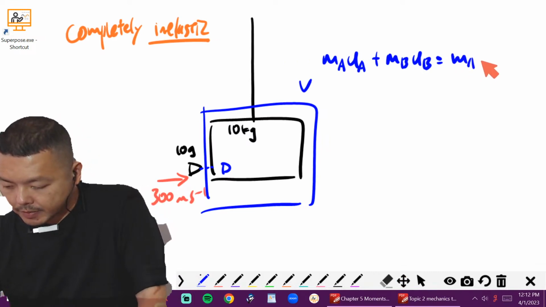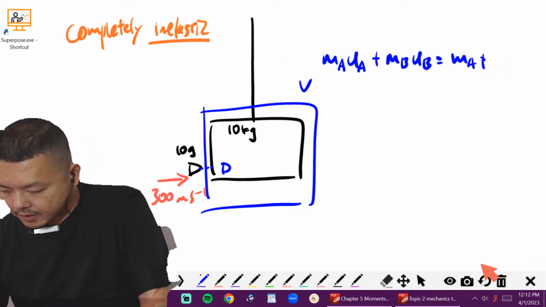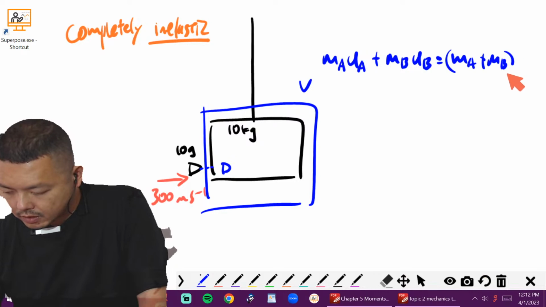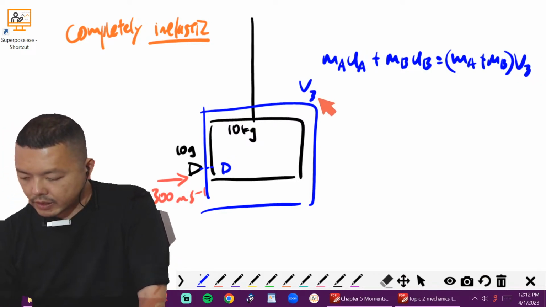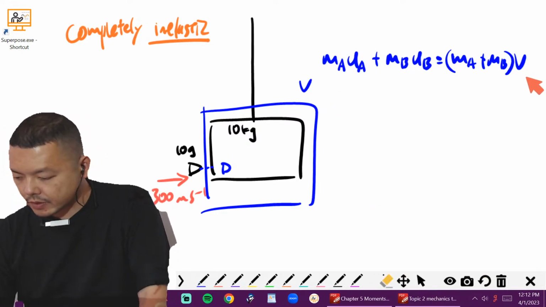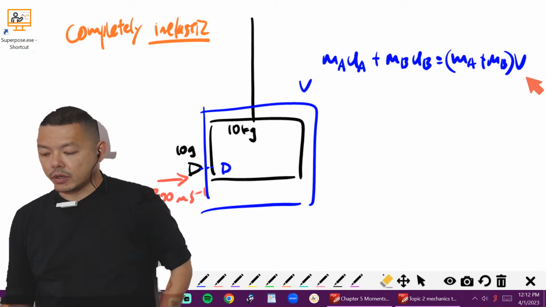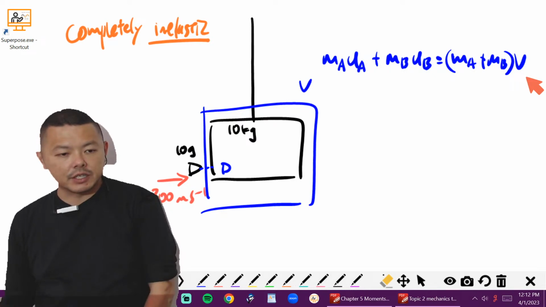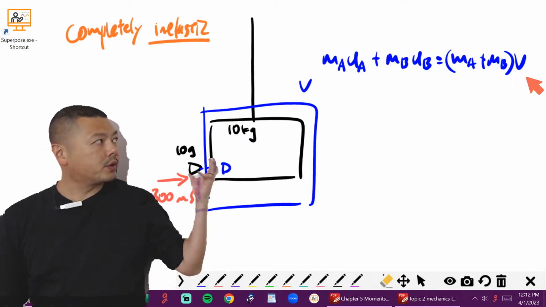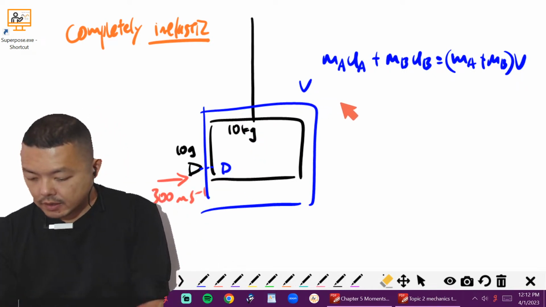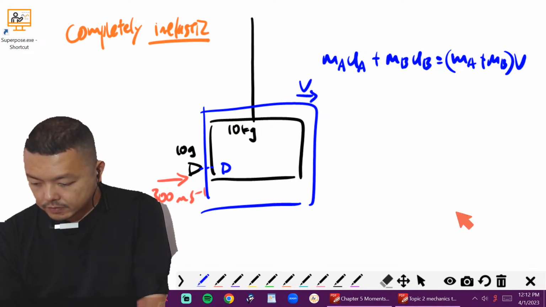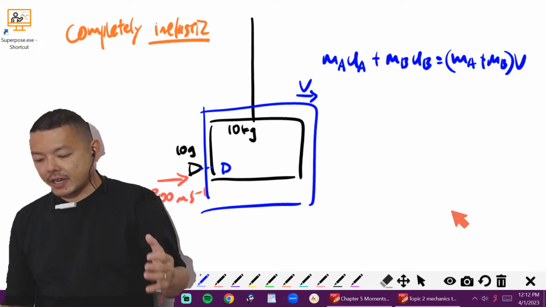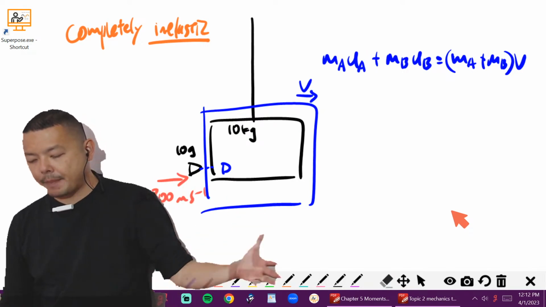Yes, mA plus mB, V. So we are looking for this V, so we just keep it as V. I want to make sure you remember that both objects are combined after the collision. They move off together with a certain V. So please calculate the final velocity after impact.